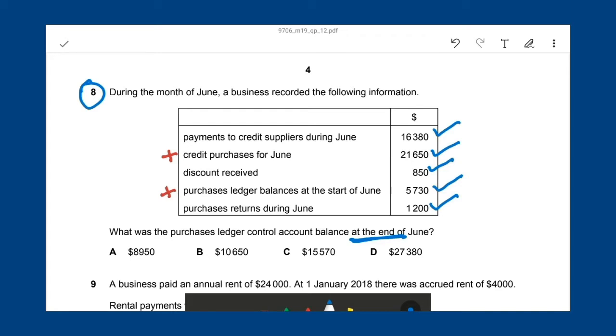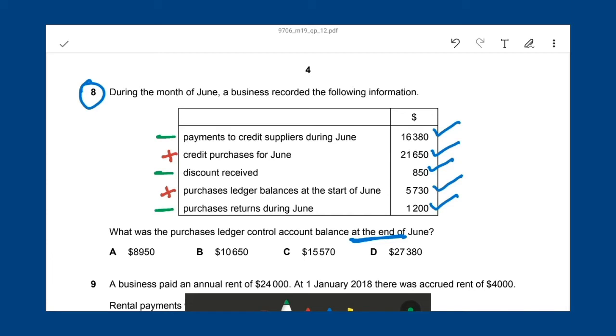So credit purchase increases the creditors amount. The purchase ledger opening balance, that also we should add, minus payment to credit supplier with discount, and purchase return also decrease the amount of creditors or suppliers.